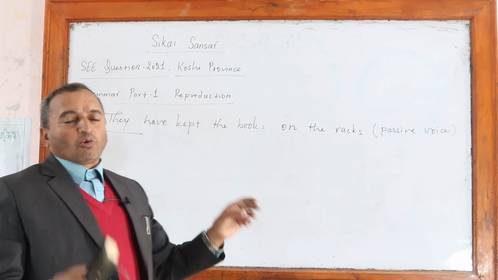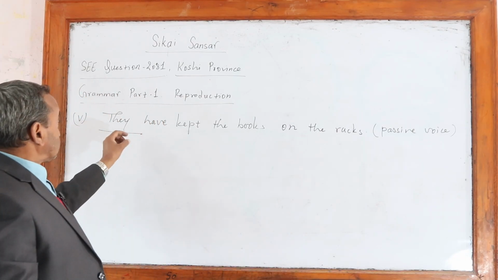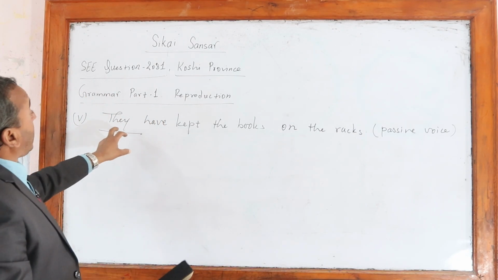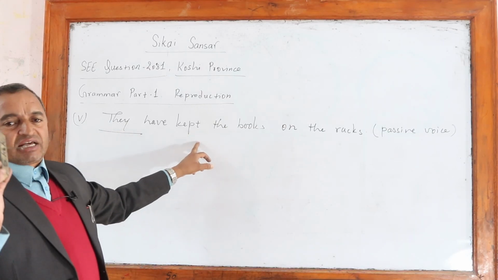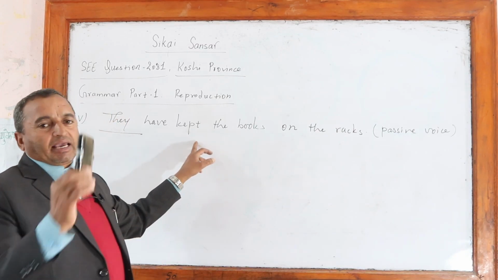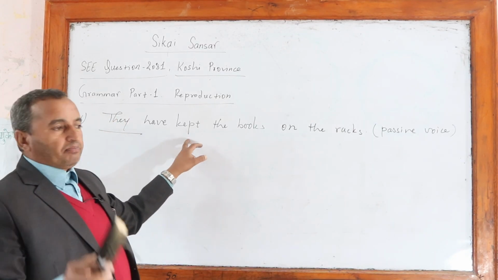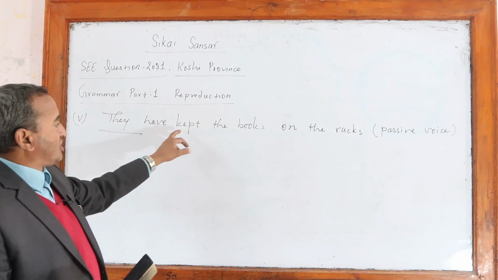Look here, what type of tense is used in this sentence? They is the subject, have is the auxiliary verb, kept is the verb. What type of verb? B3. Keep, kept, verb 3, past participle form is used here.